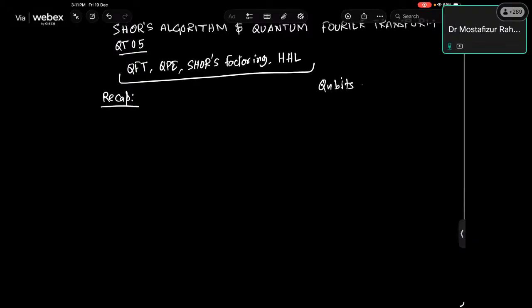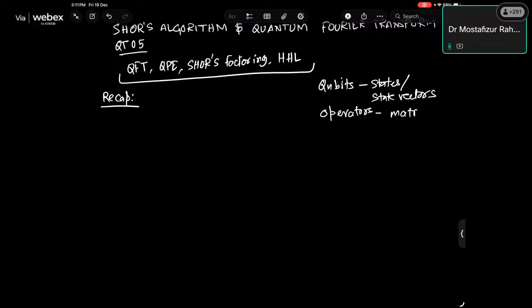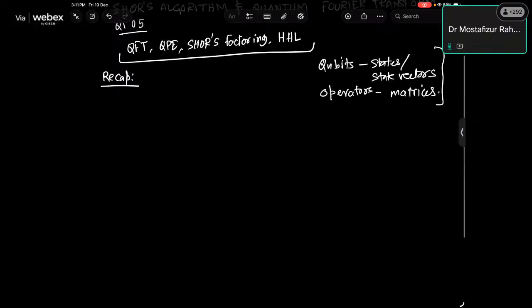What we have learned is that qubits are states or vectors, or sometimes we call them state vectors, and the operators in quantum mechanics or quantum computing are matrices, right? So if you want to understand quantum computing, you have to appreciate our undergraduate or postgraduate understanding of vectors and matrices and their properties, right? So let us recap certain things, just a recap.